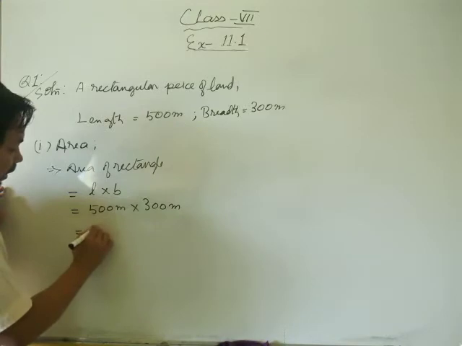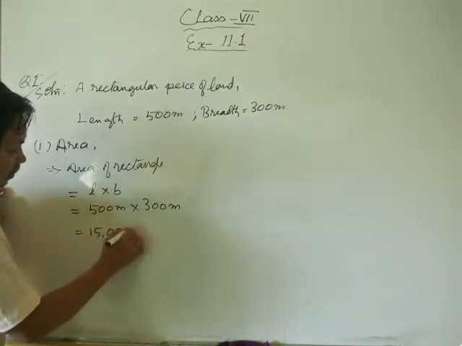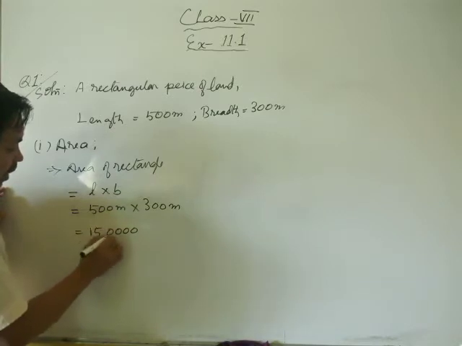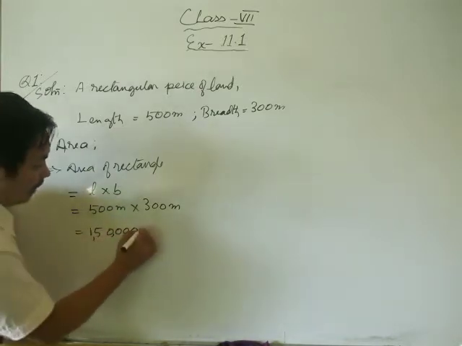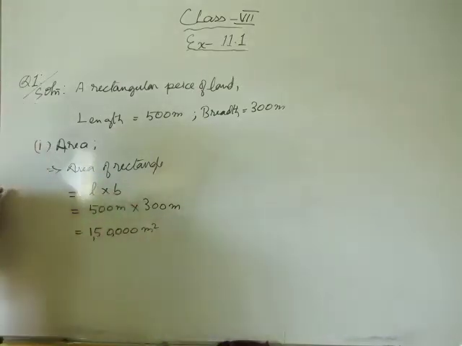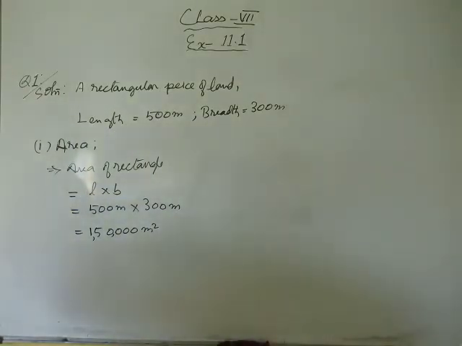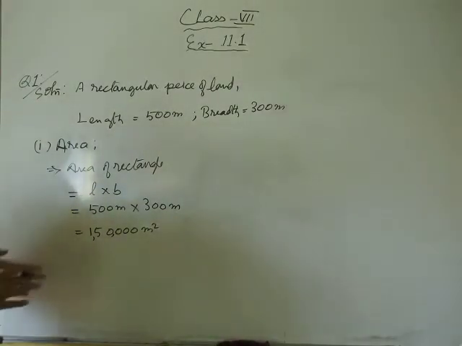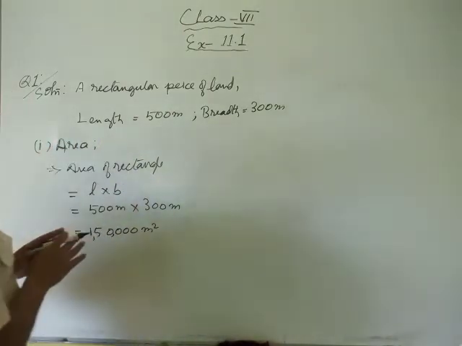Altogether you are getting here 1,50,000 meter square. So this is the total area of the piece of land which is in the rectangular shape.